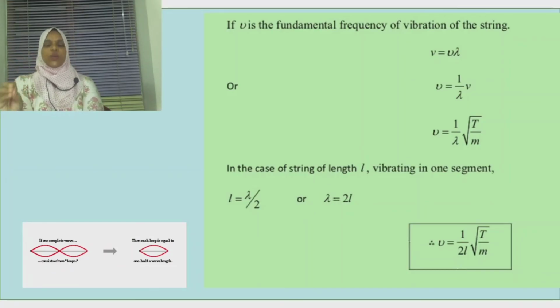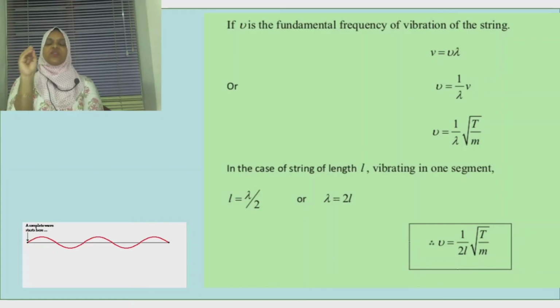With this equation for frequency, we can state three laws of vibration.